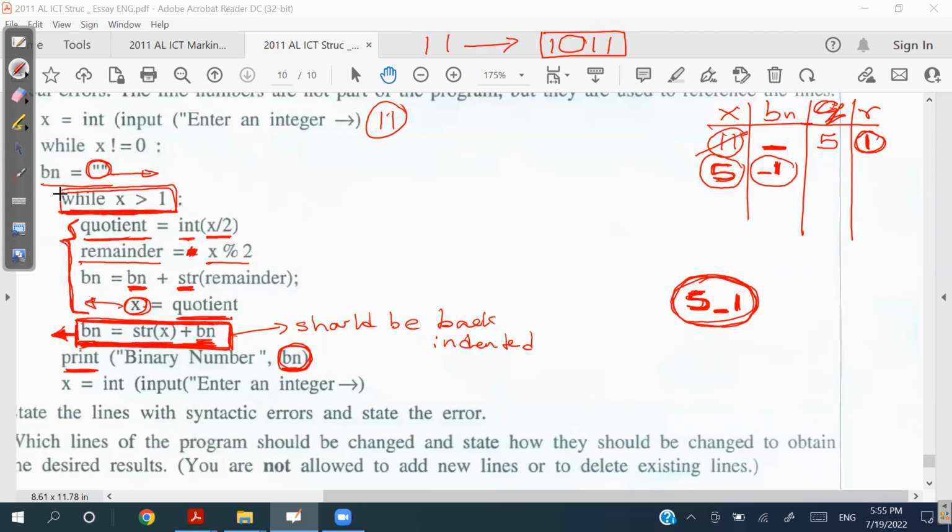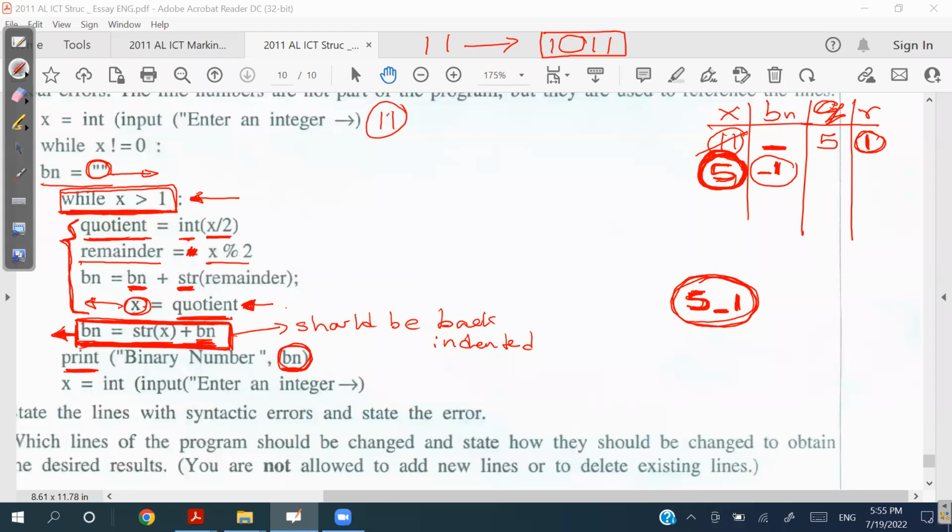So here, where it says the quotient is to be assigned to the x, the quotient is assigned to x. The 5 is the one held by the x now. Since it is the last line, it goes up and checks the condition again. x is larger than 1, yes, x is 5.